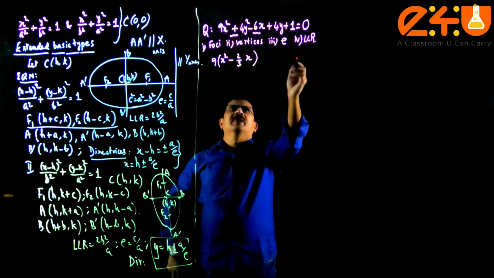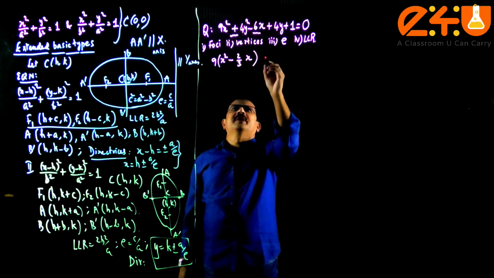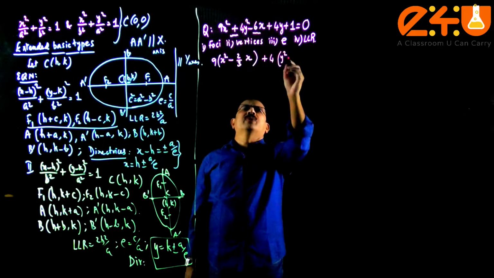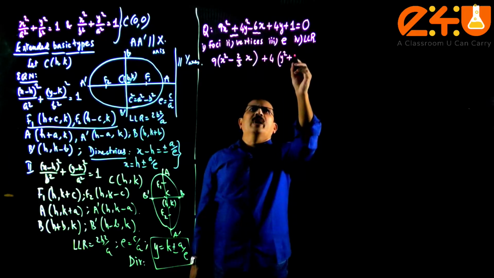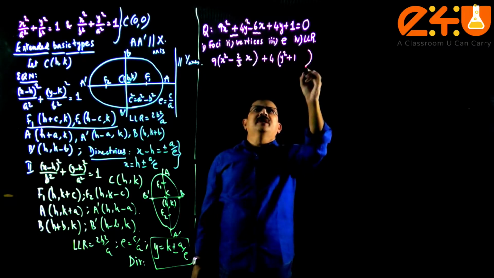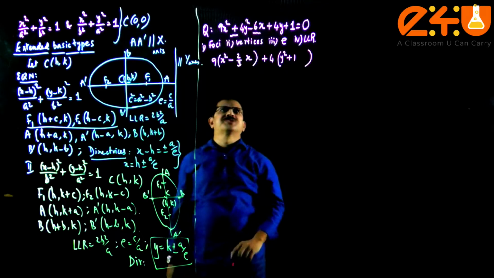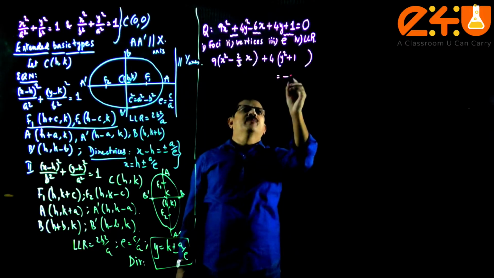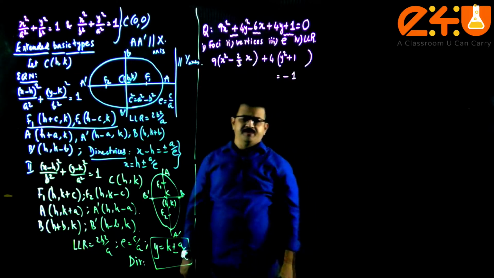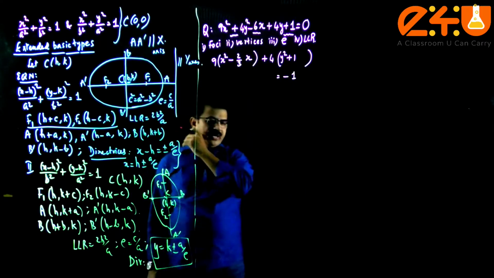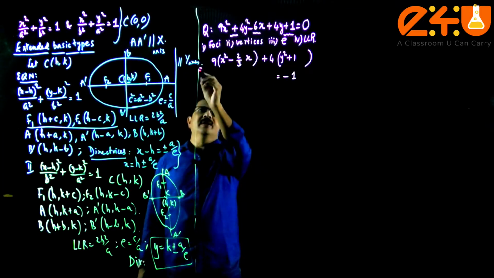And taking 4 common, I get y² and y, so 1 inside. There is a constant term 1; let me take it to the RHS as minus 1. This is how we are modifying.